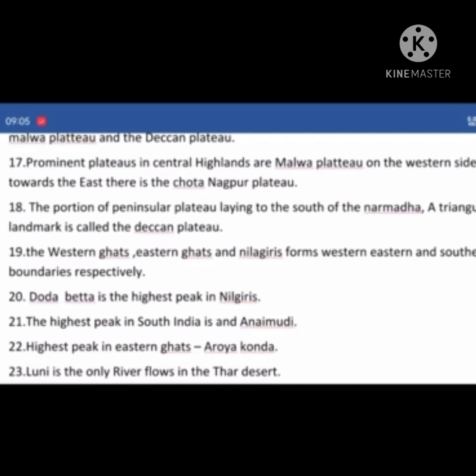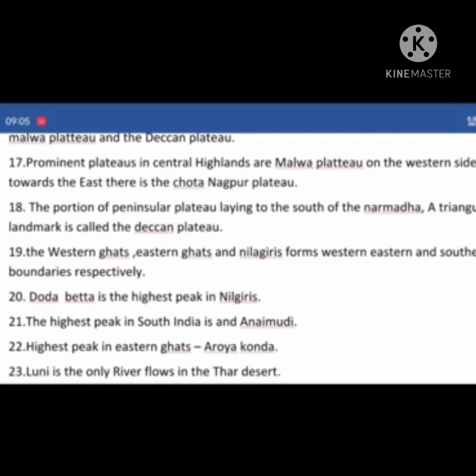Prominent plateaus are the Central Highlands or Malwa Plateau on the western side, and towards the east there is the Chota Nagpur Plateau. The portion of the Peninsular Plateau lying to the south of the Narmada, a triangular landmass, is called the Deccan Plateau.